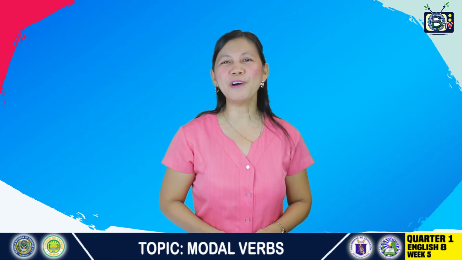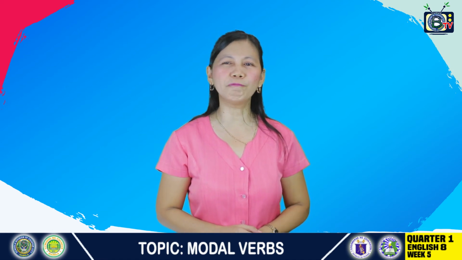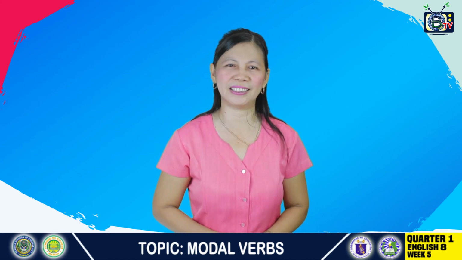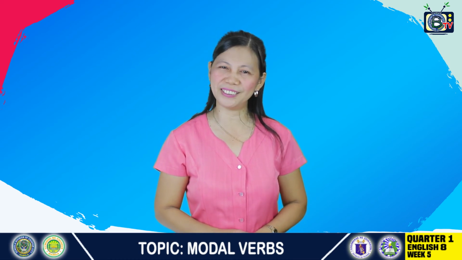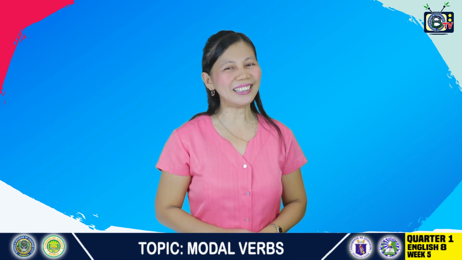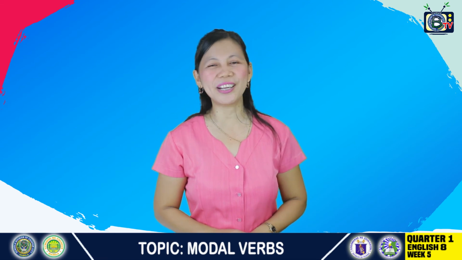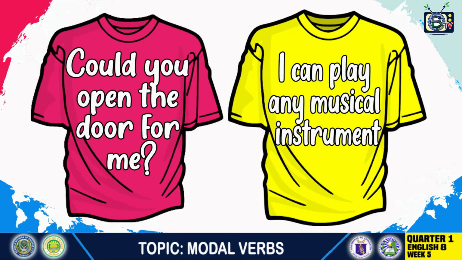I'm sure you have your so-loved t-shirt in your cabinets. Do you know that your shirt may express the modal verbs? Take a look at this and let's read together. Could you open the door for me? I can play any musical instrument.